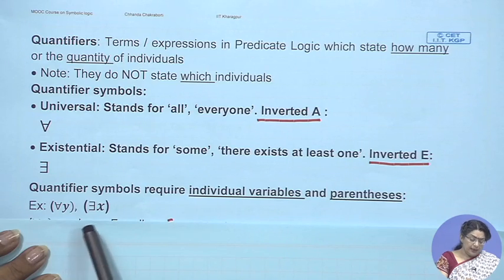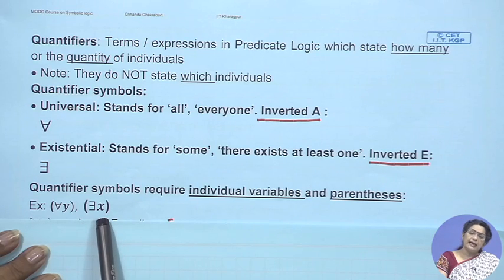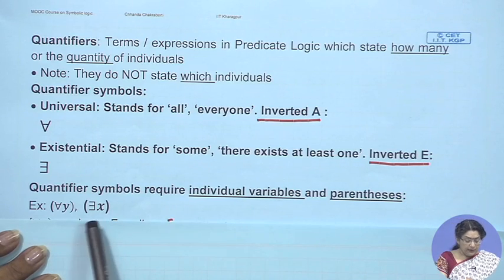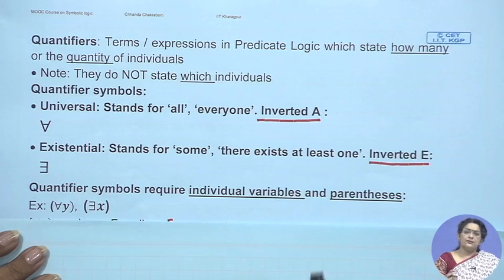The whole thing, starting with the bracket, the closing parenthesis. Here is the inverted E followed by a variable x. So, x, y, z, anything you want to pick, but the whole thing is the quantifier symbol. Did you understand?